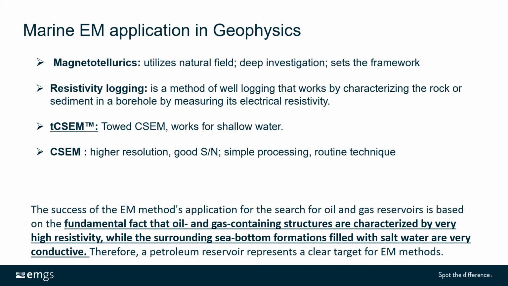And the second one is the node-based controlled source electromagnetic survey. Over here, you deploy a lot of receivers on the sea floor, depending on the type of exploration you are doing, and then accordingly you decide the spacing between the receivers and the tow lines, and you acquire the data, and then you invert the data and interpret it for the presence of oil and gas.